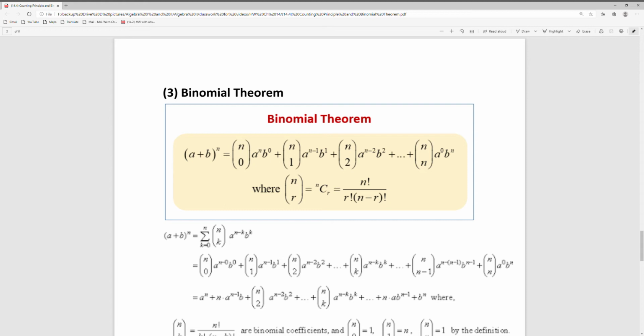The binomial theorem formula looks pretty obvious, but I would like to explain why the formula looks like this, and why our formula is the combination, the choice.